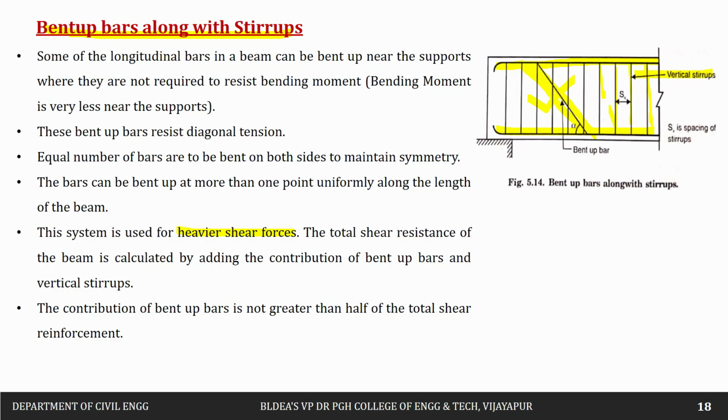These bars are bent up so as to resist the diagonal tension. Whenever we bend up bars, we have to maintain symmetry on both sides. For example, if we have 4 bars, 2 bars can be bent up and 2 bars run straight.